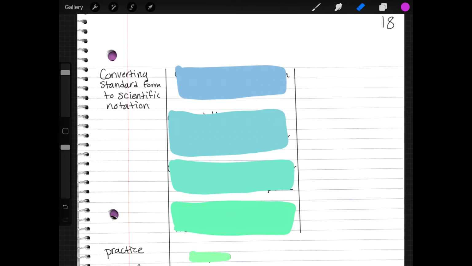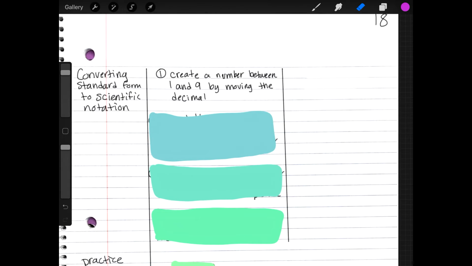We'll have 3 column notes on this one. First is create a number between 1 and 9 by moving the decimal. Let's say we have 7,900,000. We're going to move the decimal, and I know the decimal is right here because it's a whole number.